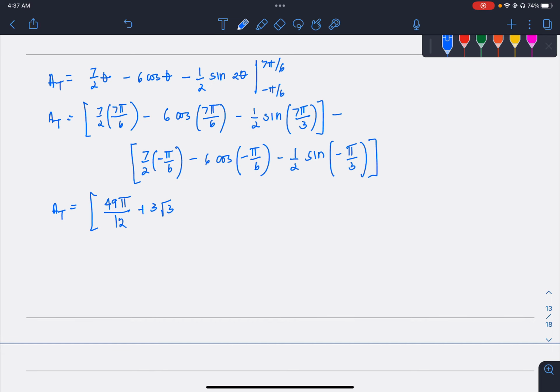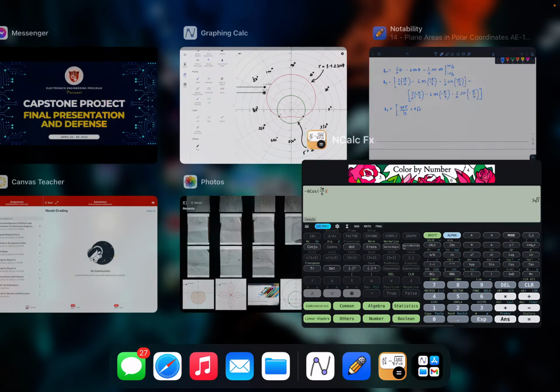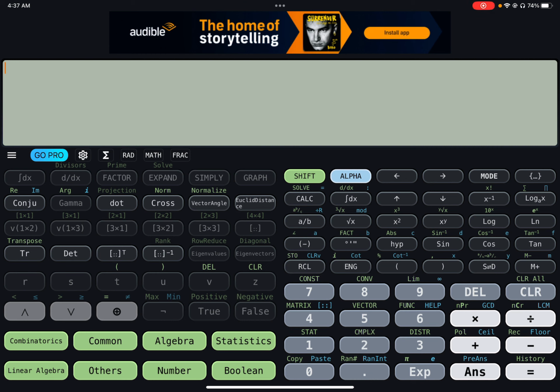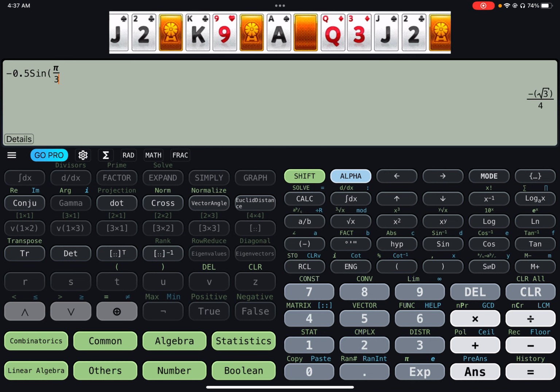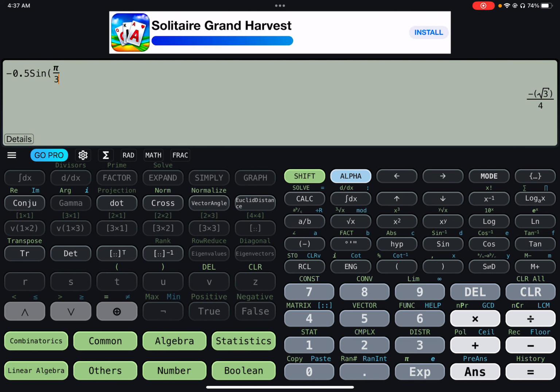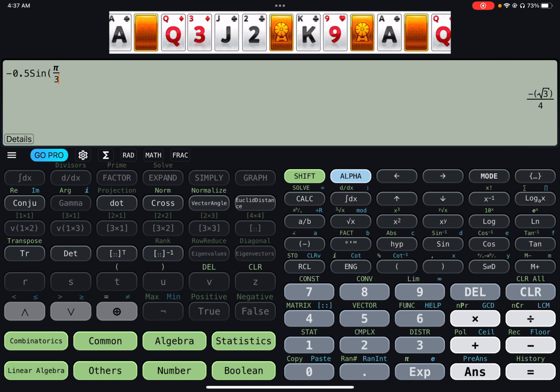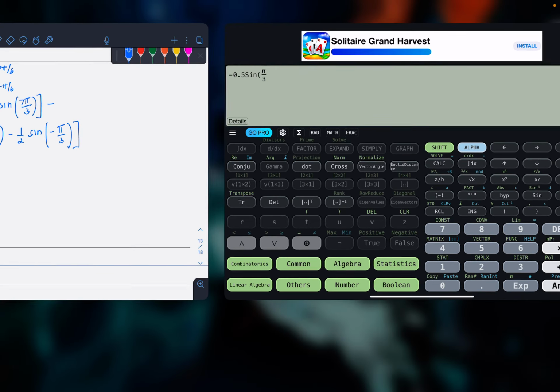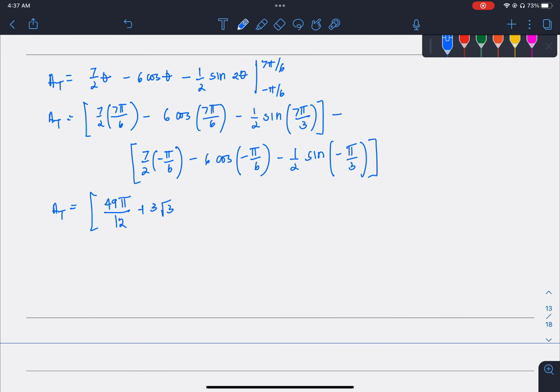So negative 1/2 sine, shift, pi over 3. Okay, so negative 1/2 sine pi over 3 is negative square root of 3 over 4.